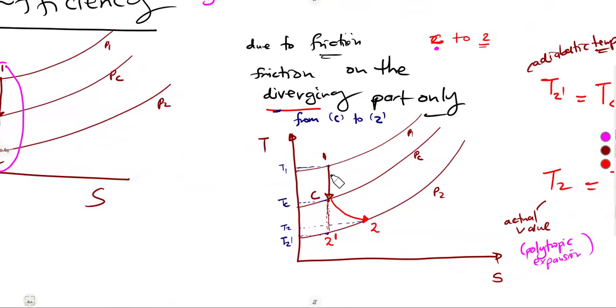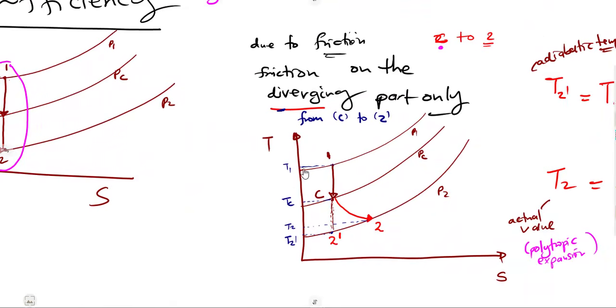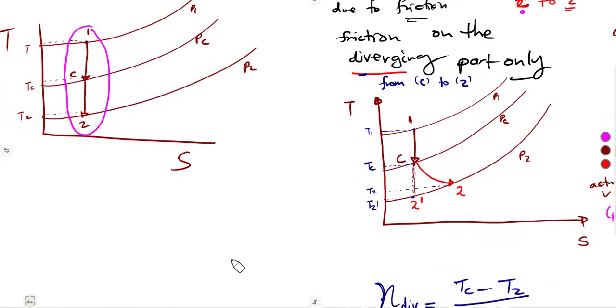Remember, here it was diverging. And converging will be like this. Remember the diagram of a convergent. It's from a bigger one, like this. So it's going from 1 going to the throat.